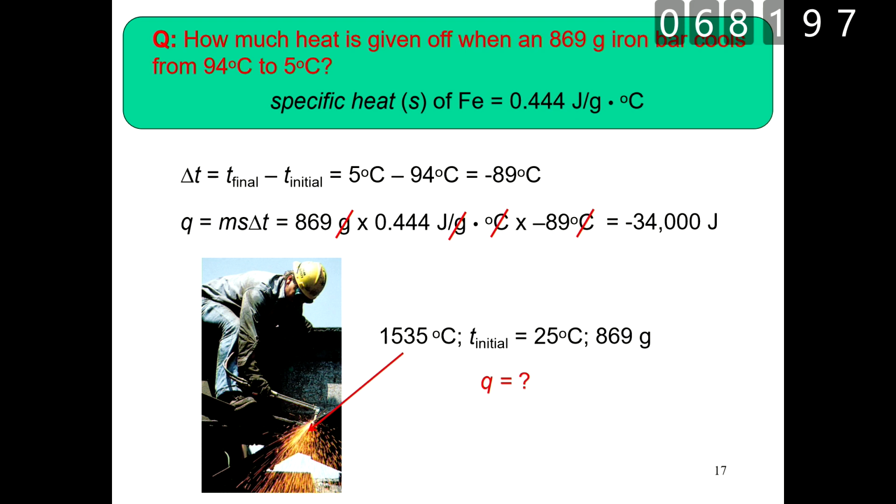So I just expand this change in temperature to TF minus TI. Then I just put everything in. But we have Q again on the right side of the equation. Yeah, that's the panic we are facing.